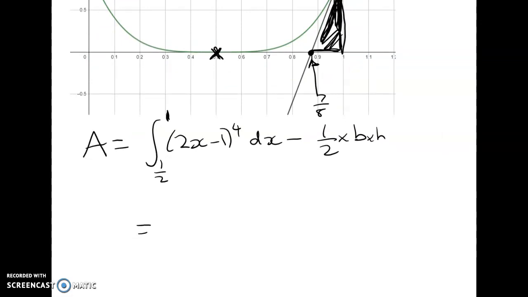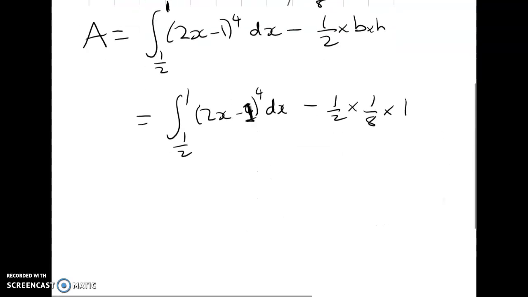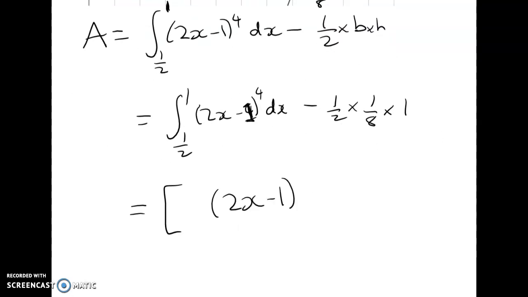So let's leave this here. The integral from 1/2 to 1 of (2x minus 1) to the power of 4 dx minus 1/2. Now what's the base? Well, the base here is from 7/8 to 1. So the base is 1/8 and the height is 1. Right, doing this integration, don't expand it out, do backwards chain rule on it.